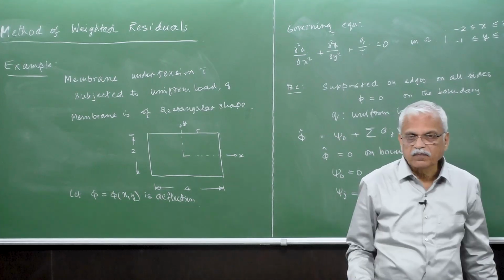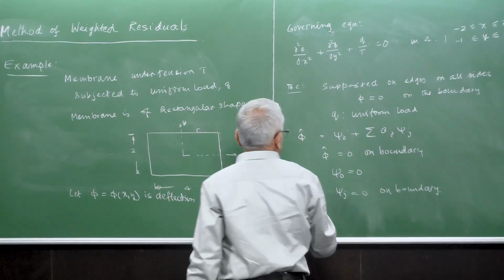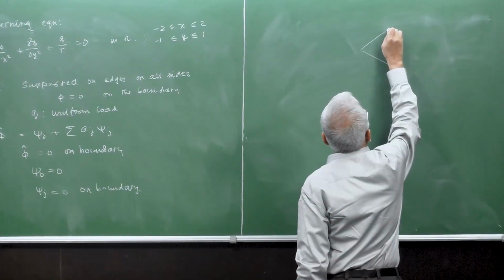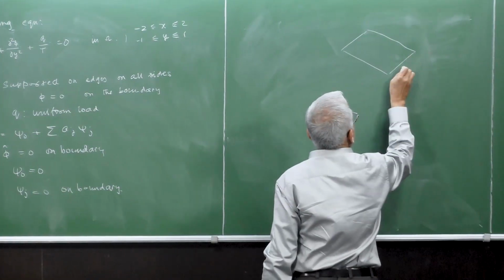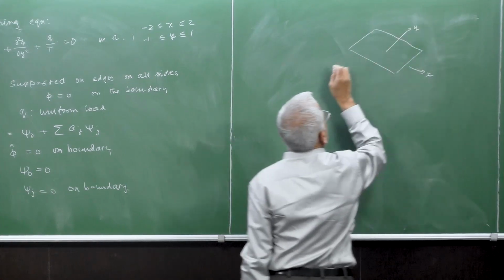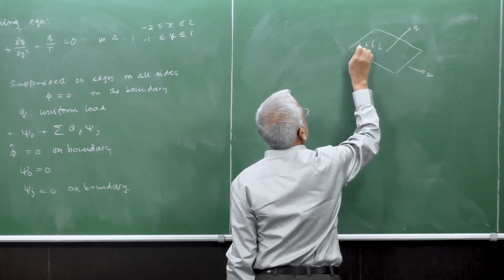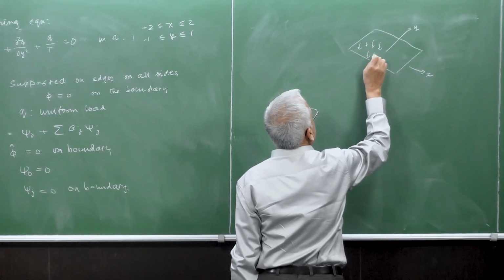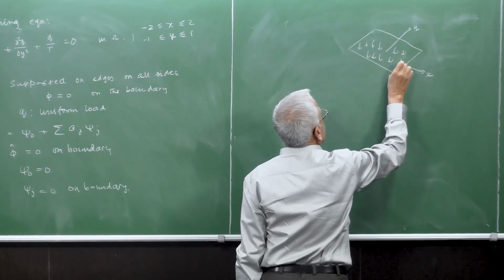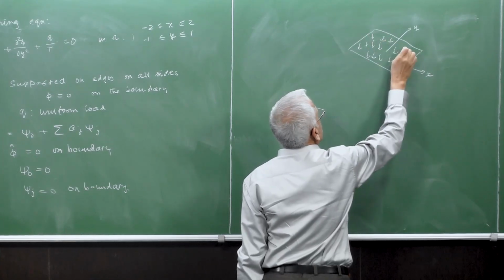And you can see that here we would like to choose symmetric functions. Why? The problem is symmetric. So if I just draw an isometric view of the problem, and it is acted upon by a uniform load of intensity Q, all vertical load.